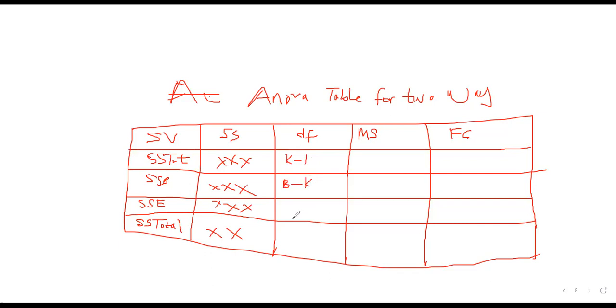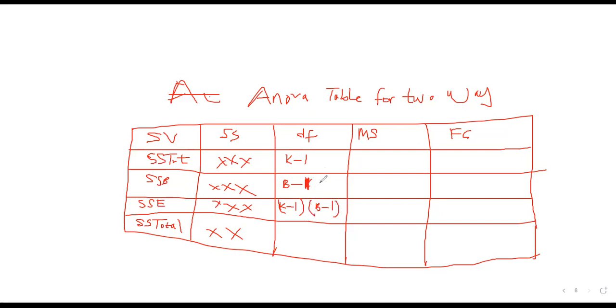Then this other one is just the product of k minus 1 and b minus 1. Okay, so this one is a 1, not a k. So it's a product of these two.